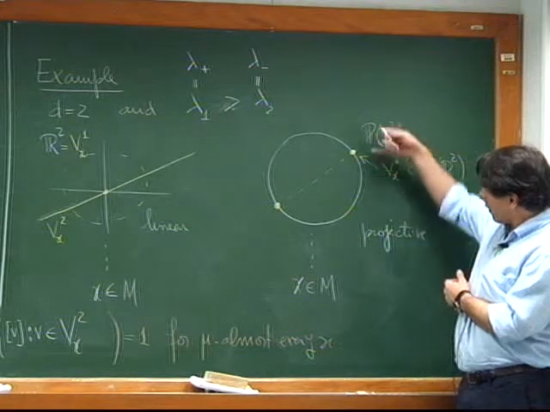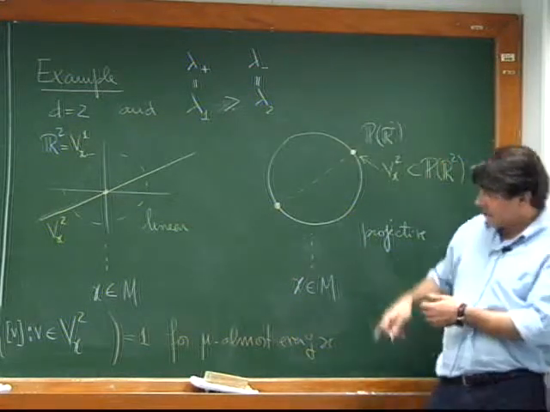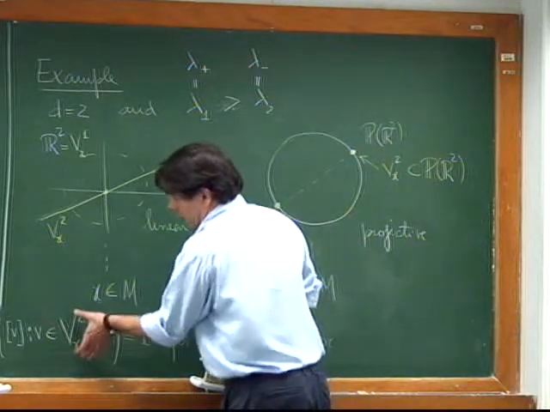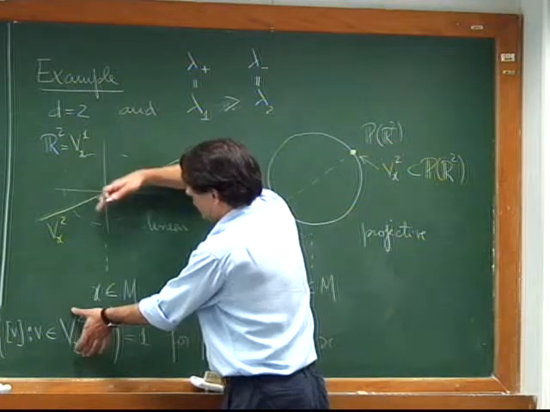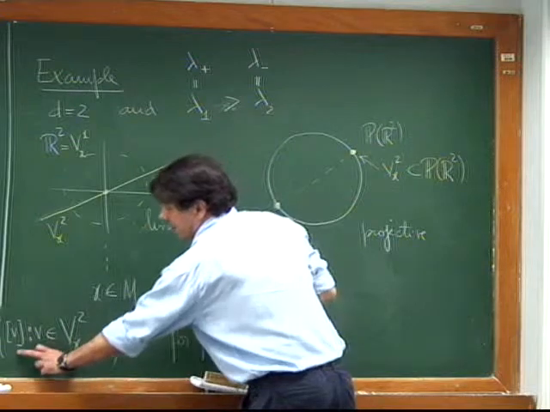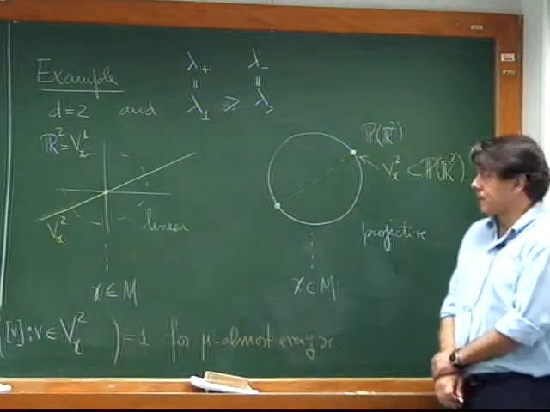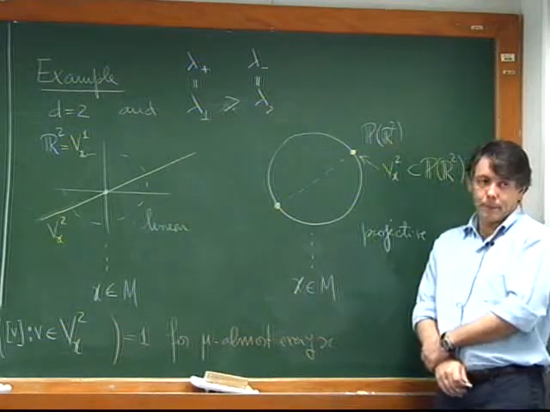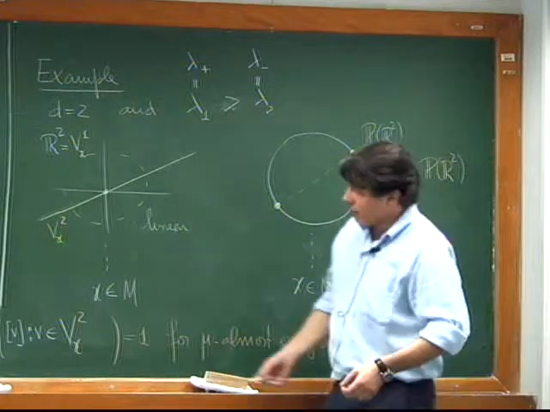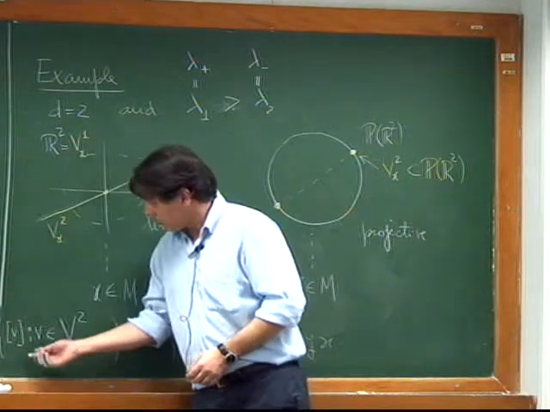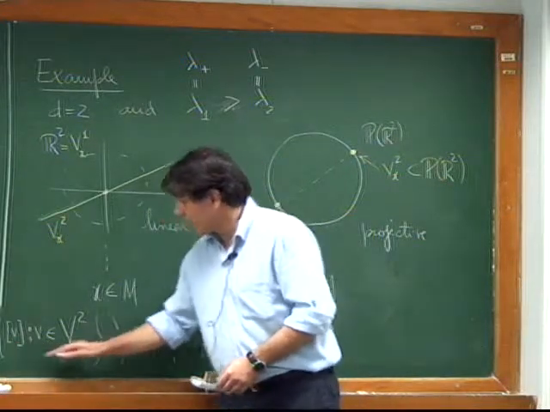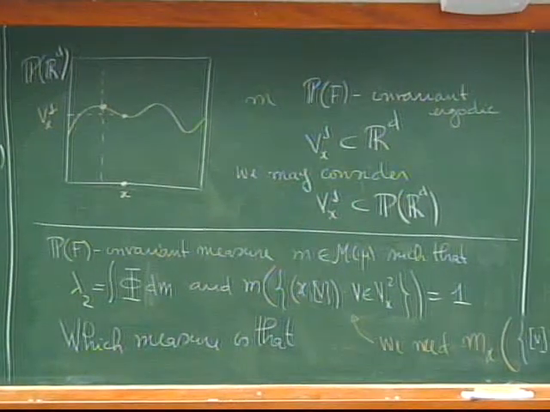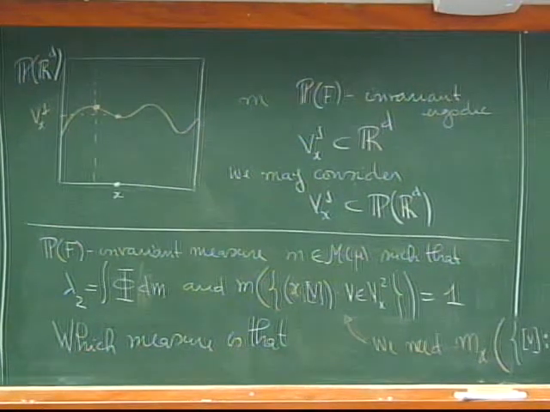However, since V2 is a line, a one-dimensional subspace, this is a single point. So my m_x has to be supported on a single point, because V2 is a line.